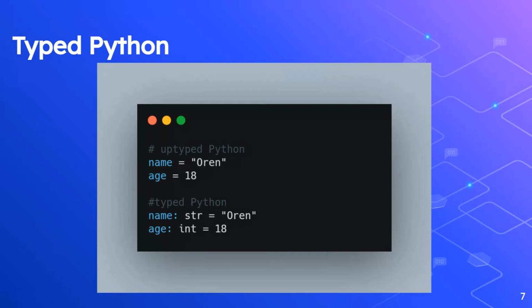Companies like Google and Facebook are now requiring typed Python in their code base, and this allows them to reduce their bugs by 30% and really secure their code against malicious developers and against other developers that don't know how to use their code.